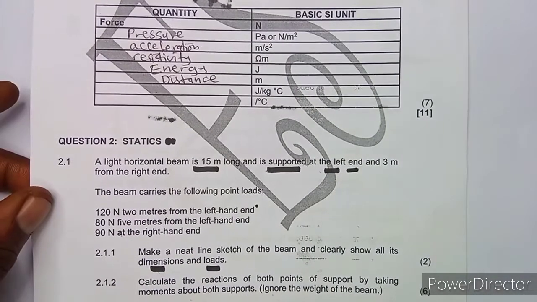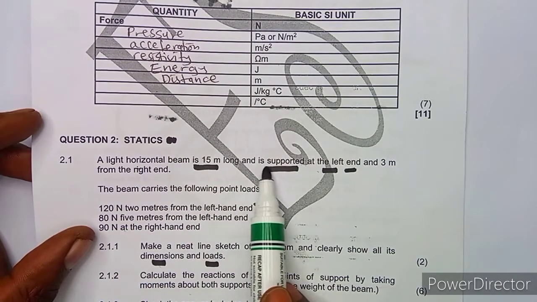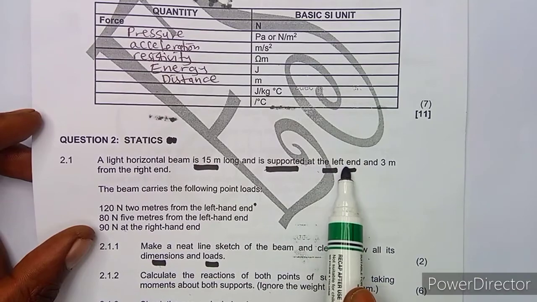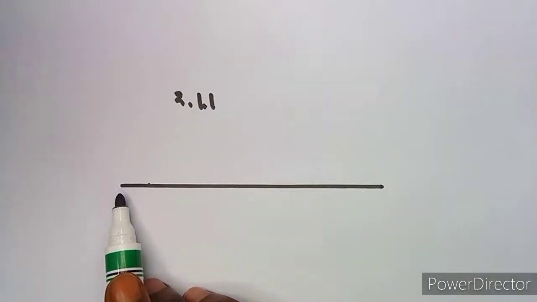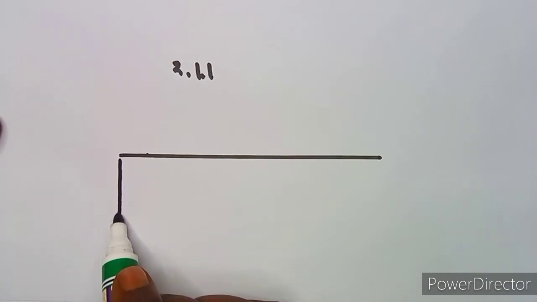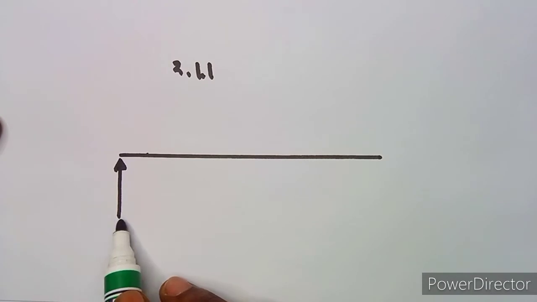There is a light beam which is 15 meters long, and there's a support at the left end. So this is your left end, so there's a support here. Remember, the support is always facing upwards like this. So this is your support here on the left end, and you can just name this L.